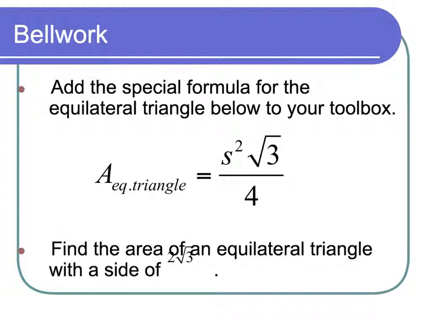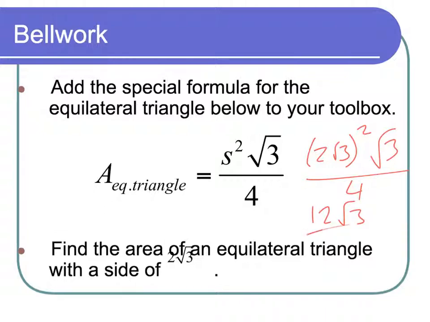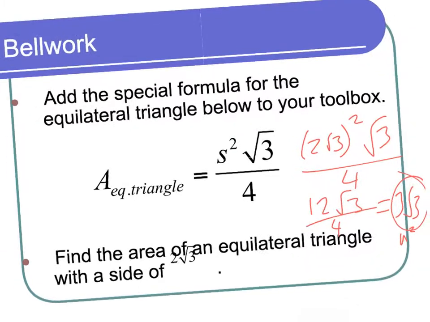So if I were to plug it in, I'd have 2 root 3 squared times root 3 over 4. 2 root 3 squared is 4 times 3, which is 12 root 3 over 4, so 3 root 3. Boom. That was pretty easy, right? Units squared.